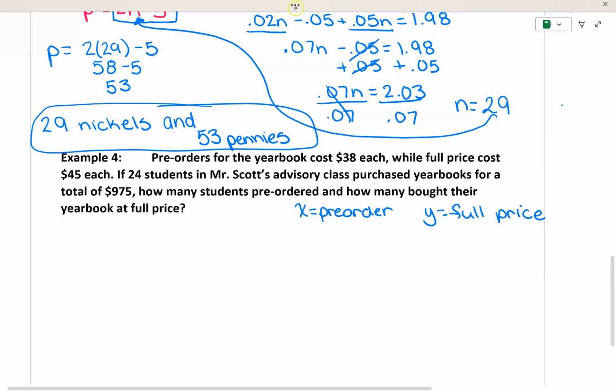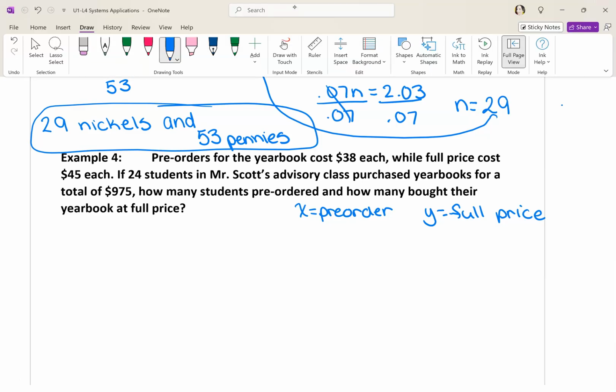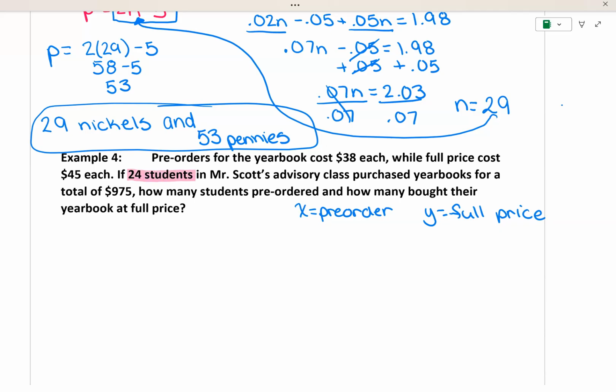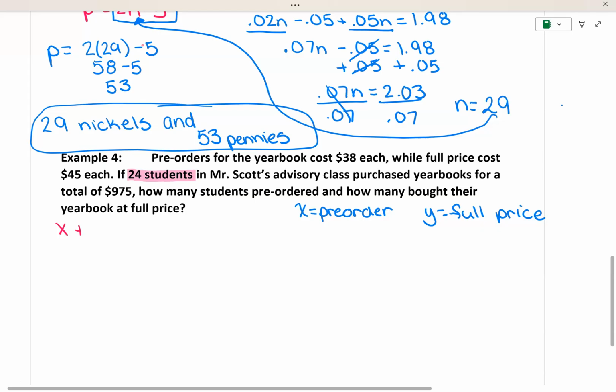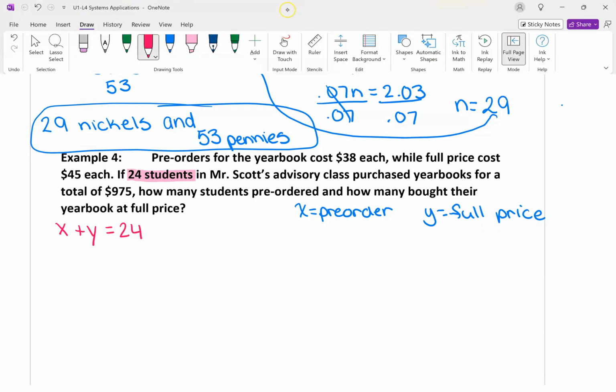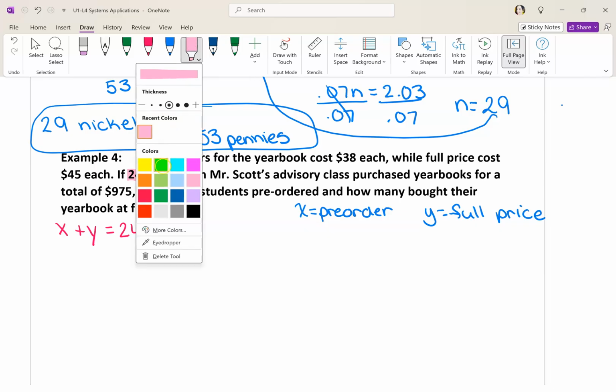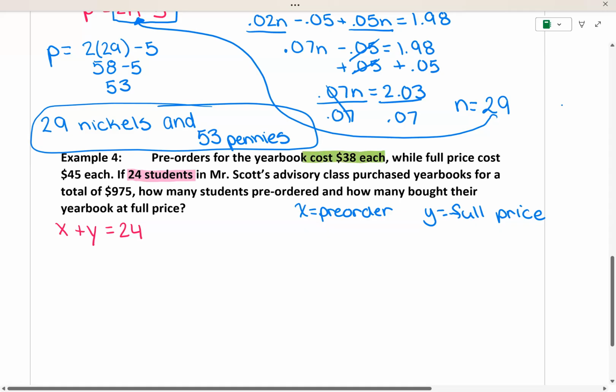Okay, so notice what we have going on. We want to know how many there is of each. So if you look, we don't know how many there is of each, but we do know that 24 students bought. So that means X plus Y equals 24. Okay. Then we know that pre-orders cost $38.